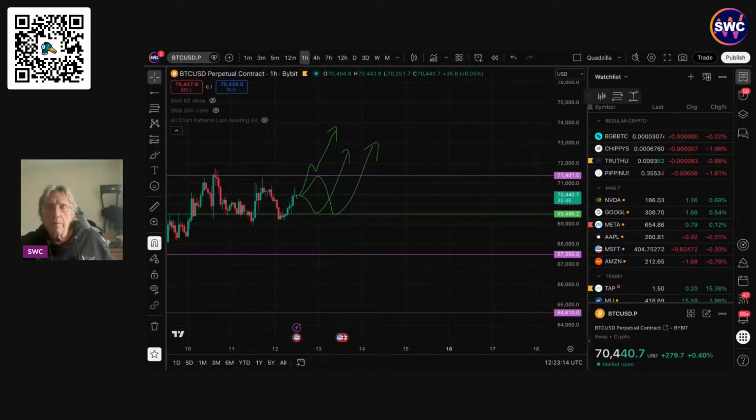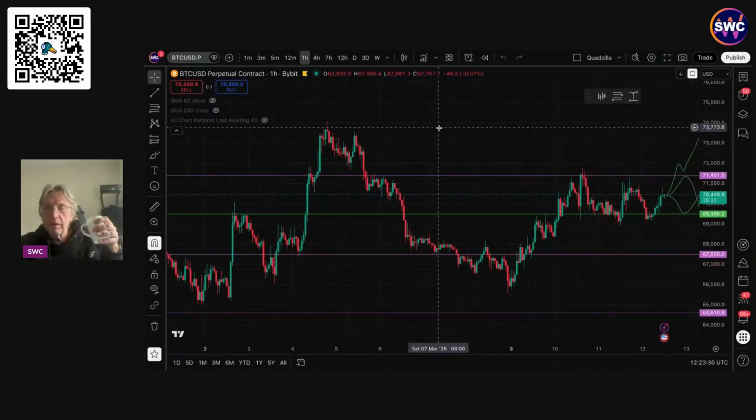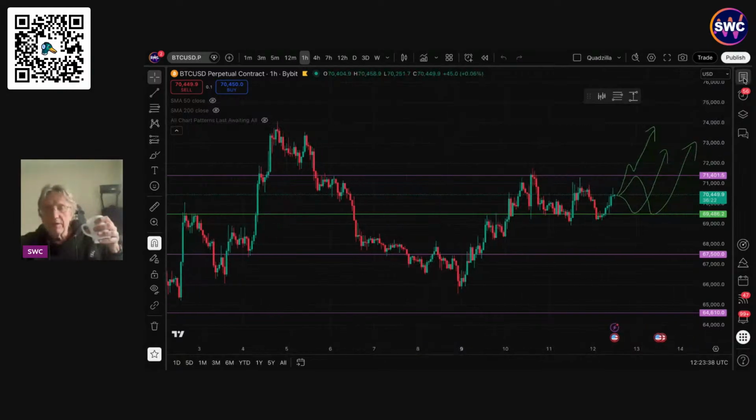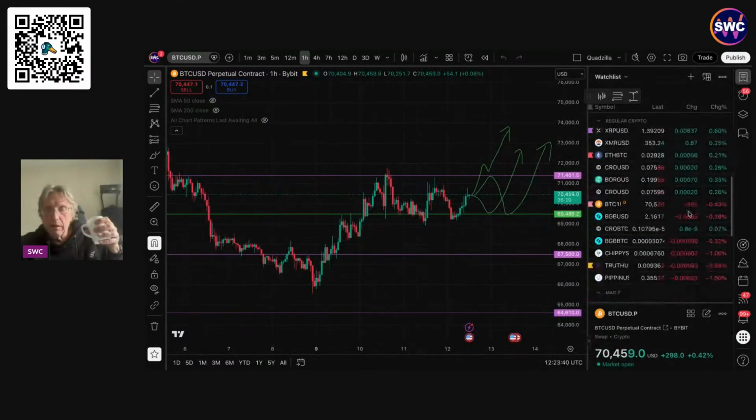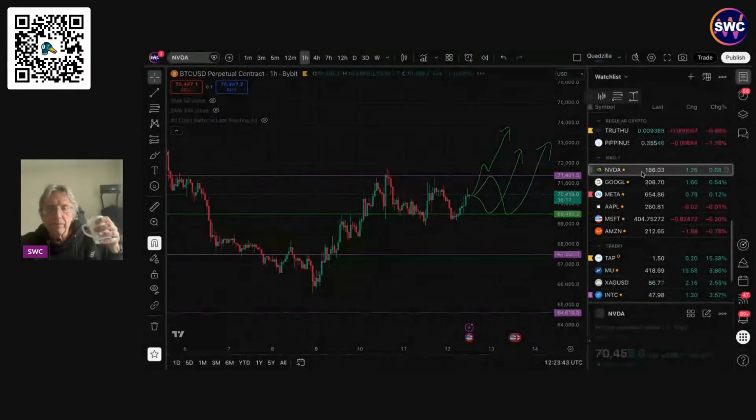I don't want to open too many tabs because at the moment my camera hasn't frozen, which is good. So let's share that tab instead. Right. There's a few things I've got here. I've got like the Mag 7 here.